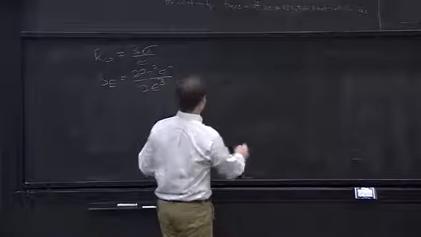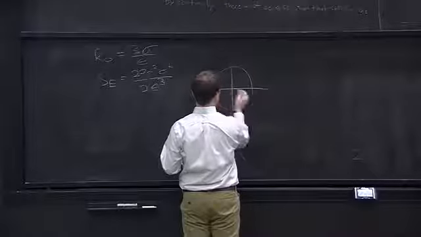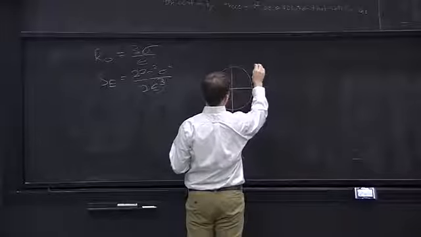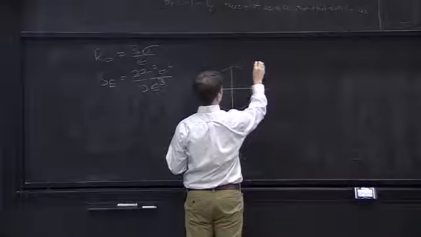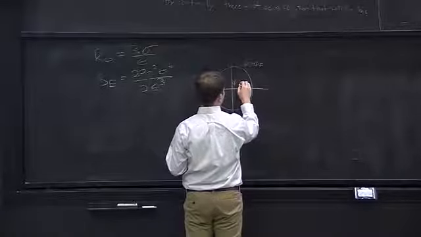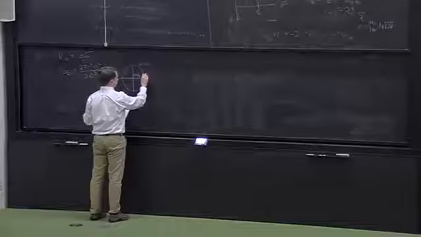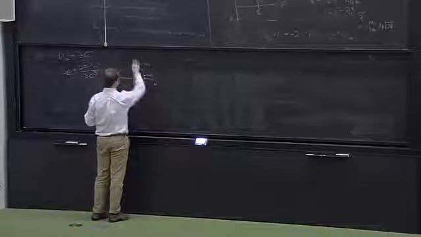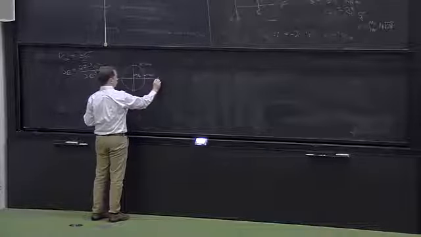What these solutions will look like when they're nucleated is there'll be some region outside of which the field is in the configuration phi equals phi f, inside of which the field has the value phi equals phi true, and there's some wall separating the two. So this is, for instance, one of the coordinates and another coordinate.